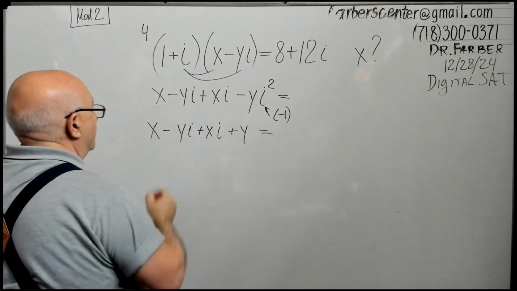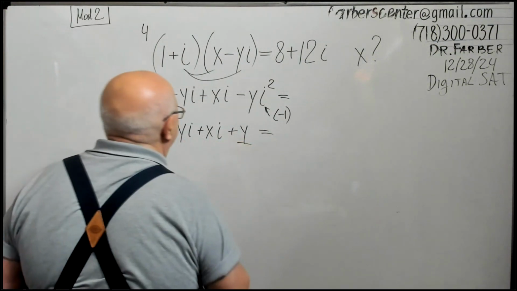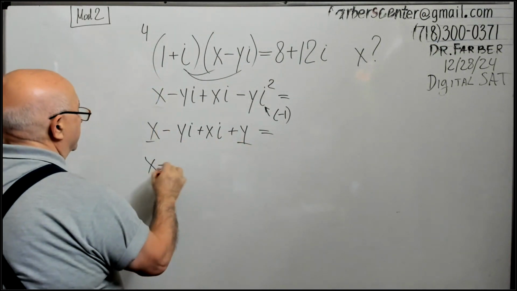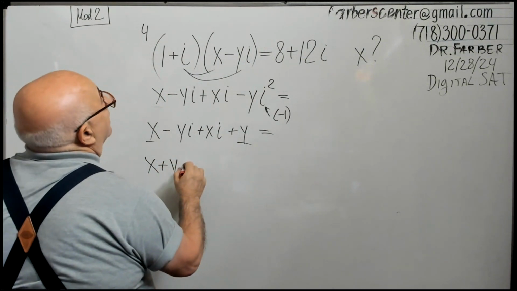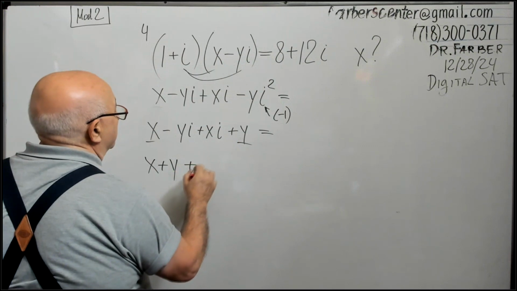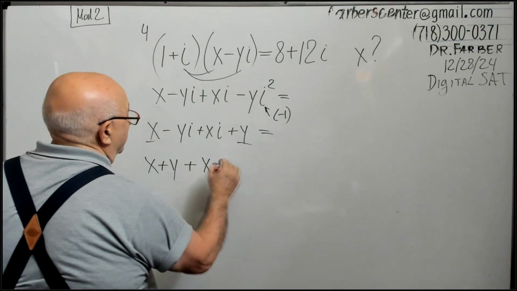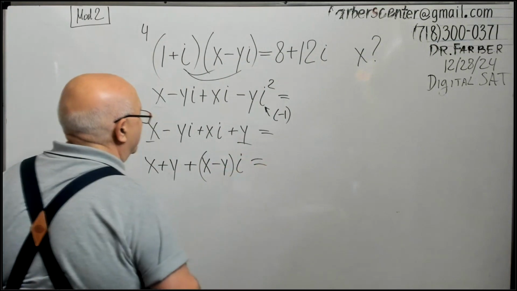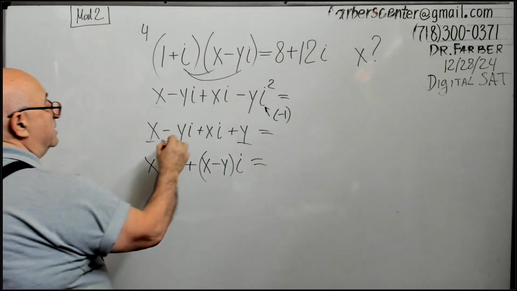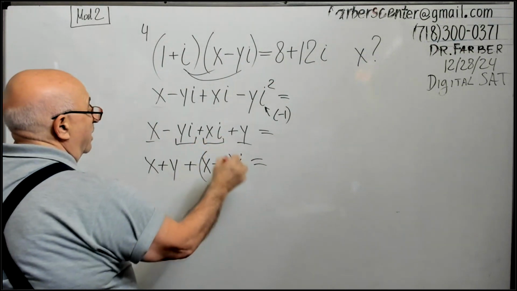Now what are you going to do? I combine terms without i, I get x plus y, plus x minus y times i. What I did, I regrouped this and factorized.